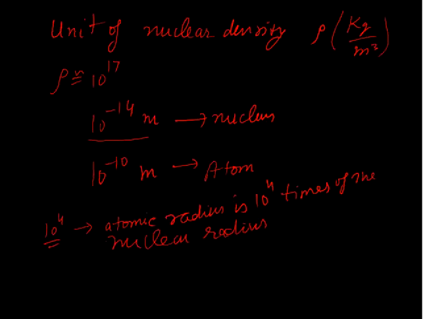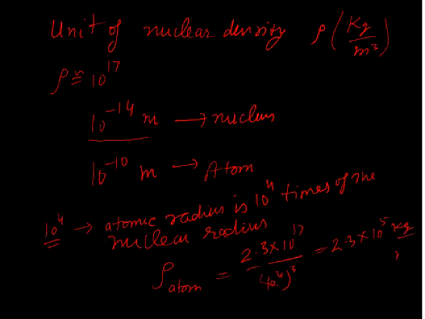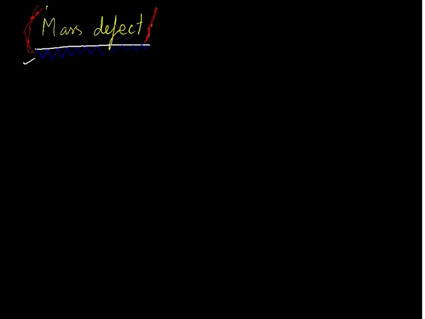Now if you put all the values, you can find the atomic density, that is 2.3 into 10 raised to the power 17 kilogram per cubic meter divided by the volume factor 10 raised to the power 4 cubed, approximately 2.3 into 10 raised to the power 5 kilogram per cubic meter.